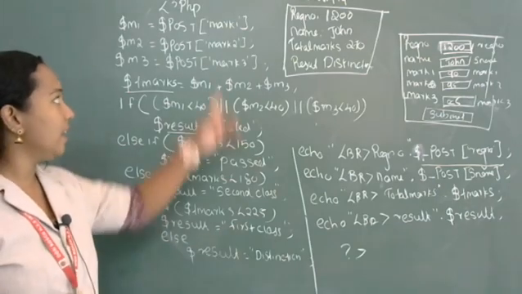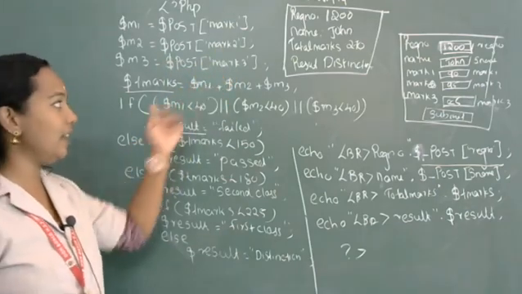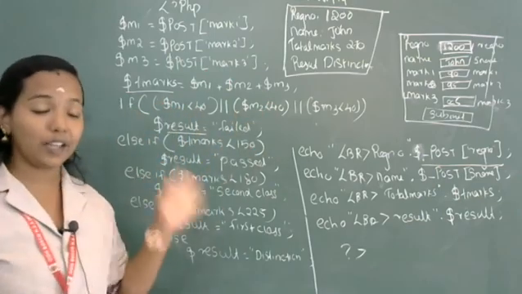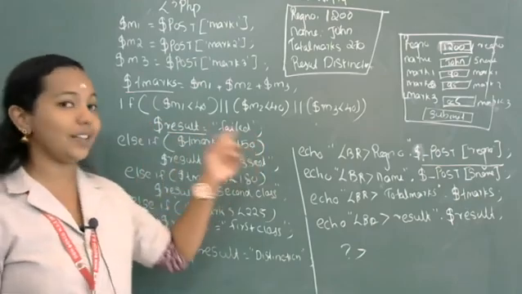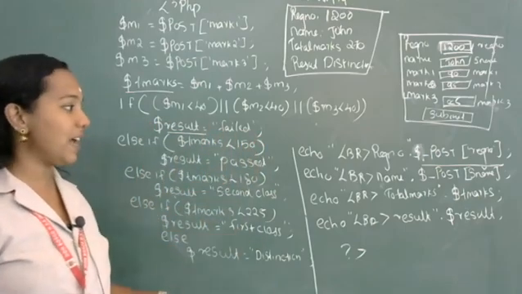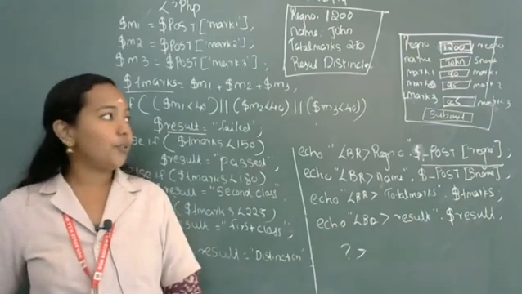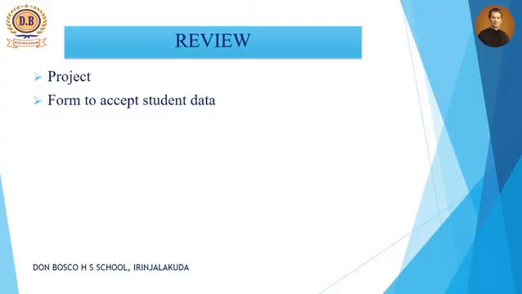Its working: first variables are assigned, and after that M1, M2, M3 are added to get the final result. After that comes the comparison, and after the comparison the value is assigned. Okay, so we can revise the topics that we studied.